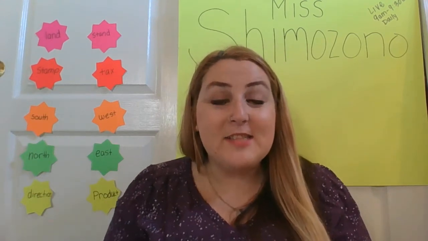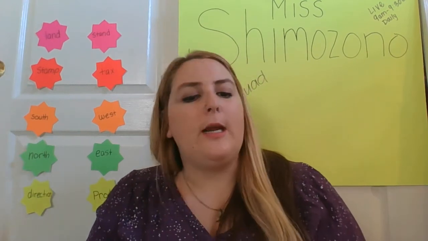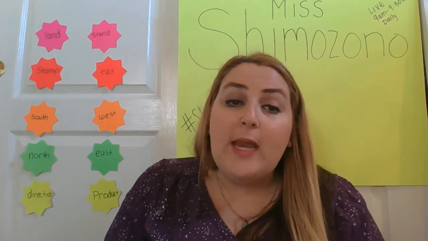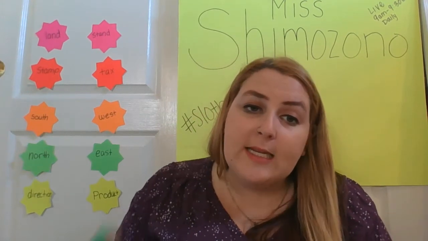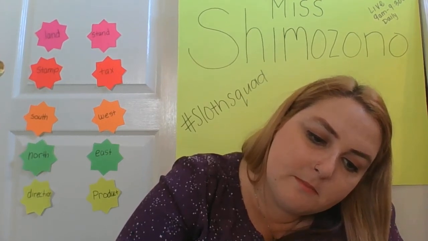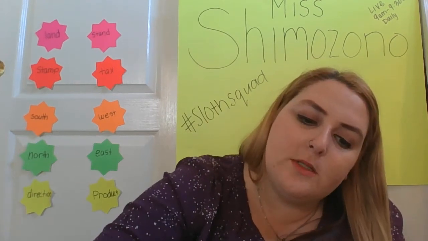All right, let's get started. Number 1, the science of pottery making is called ceramics. So what is this about? The science of pottery making. And what is it? It's called ceramics.